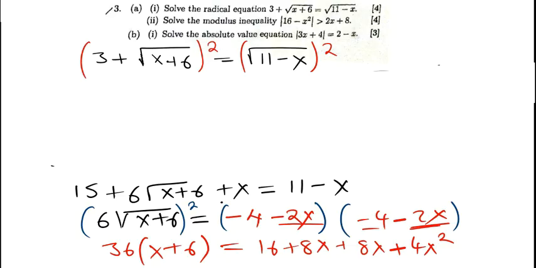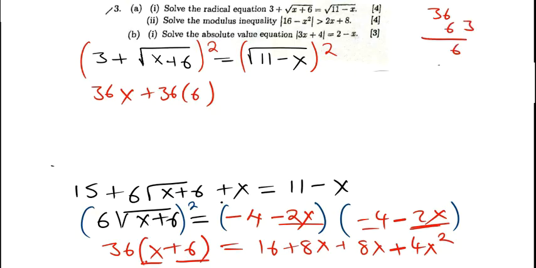So let's collect the right terms. 36 is multiplying with whatever is in the brackets, right? So 36x multiplied by again 6, 36 times 6, okay, which if you try to multiply 36 by 6, 6 times 6 is 36, 6 times 3 is 18, plus 3, 21, so that is 216.